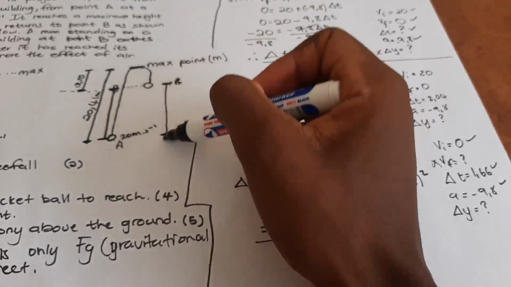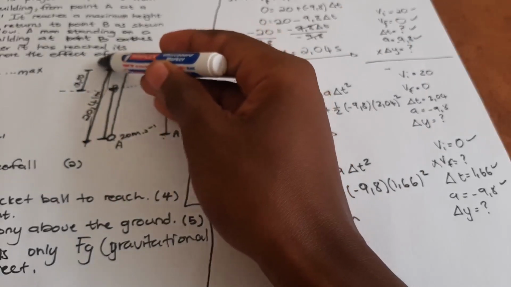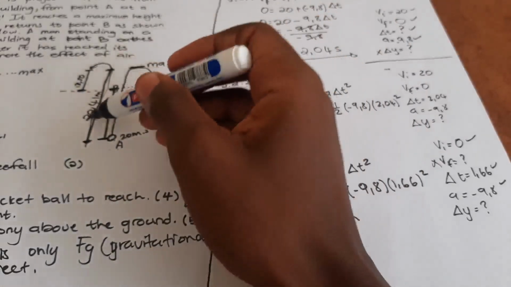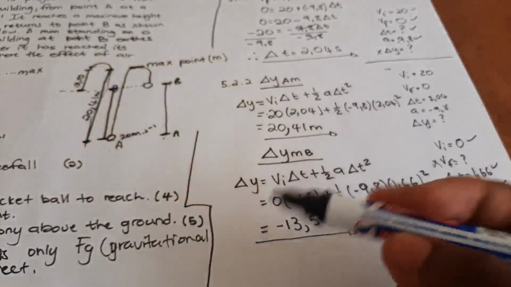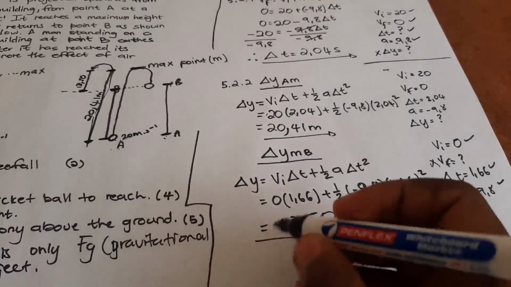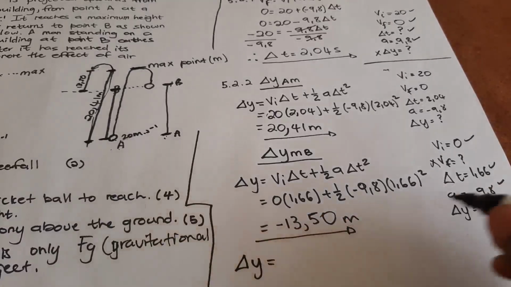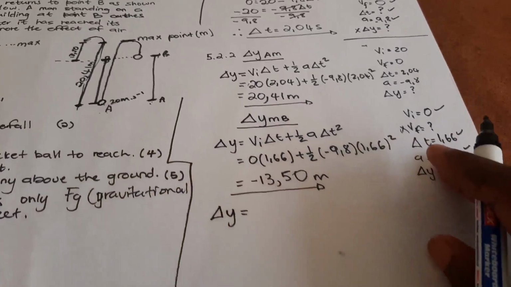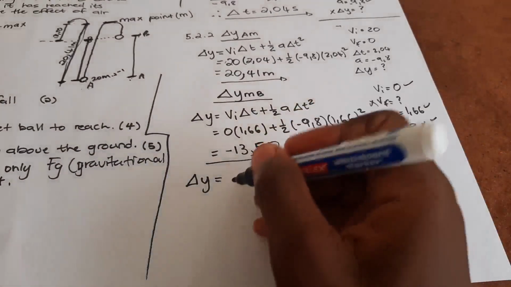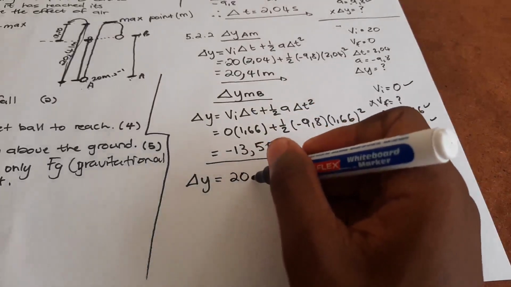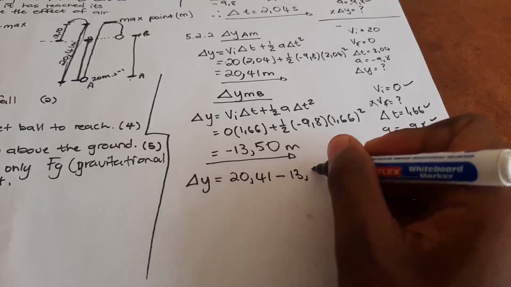So in order for us to get this, we have to take 20.41 and subtract 13.50. Our change in y will be equal to 20.41 minus 13.50.